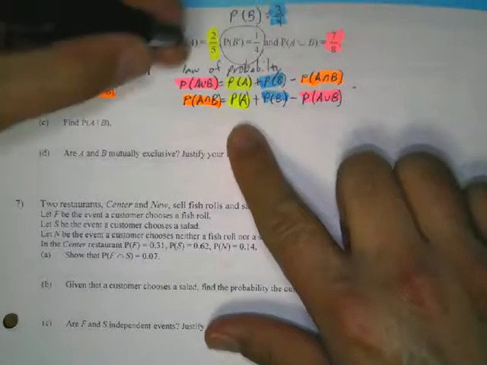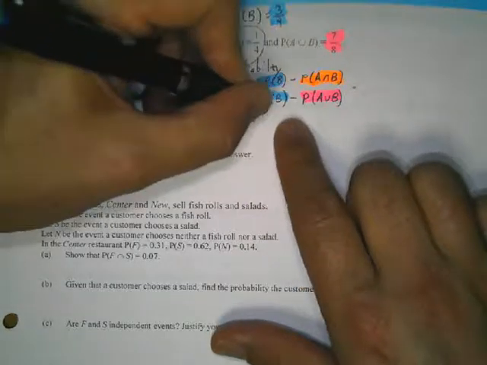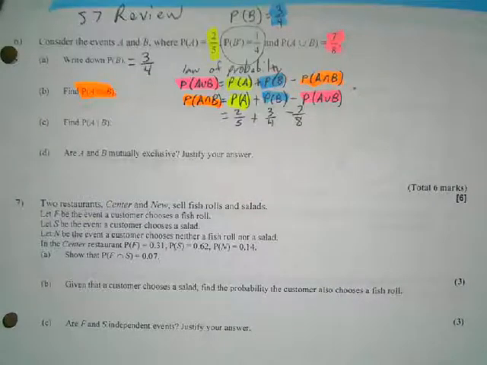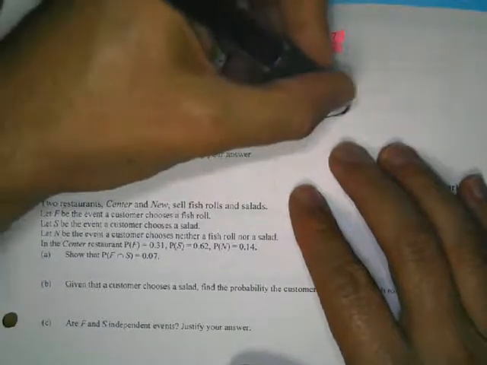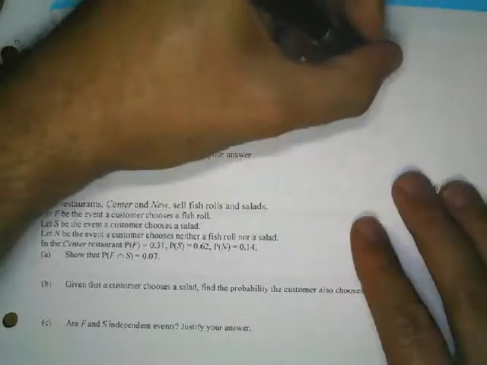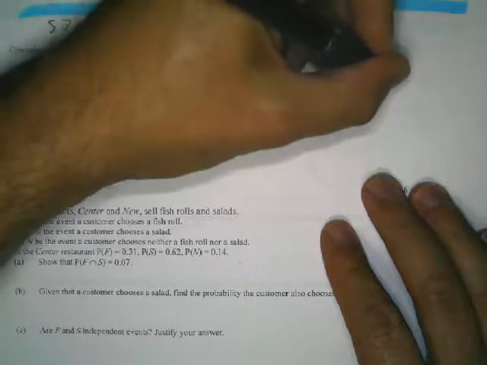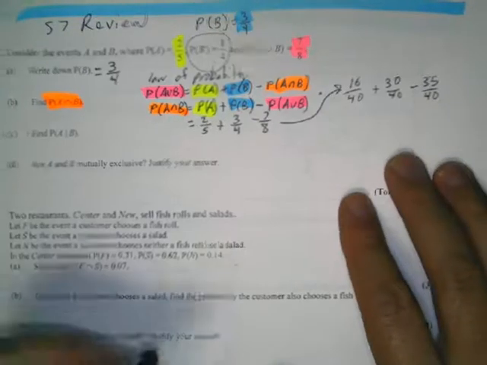So we end up with 2/5 plus 3/4 minus 7/8, and then we get a common denominator, which gives us 16 over 40 plus 30 over 40 minus 35 over 40. Add those all together and we get 11 out of 40.